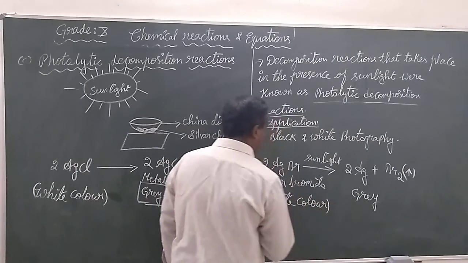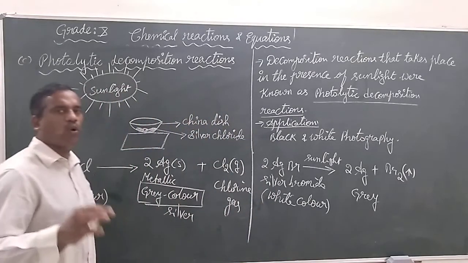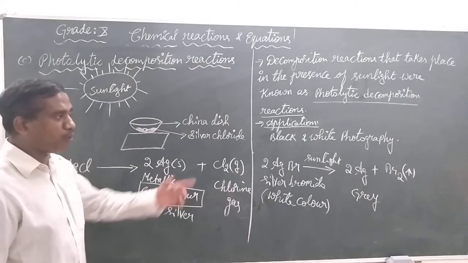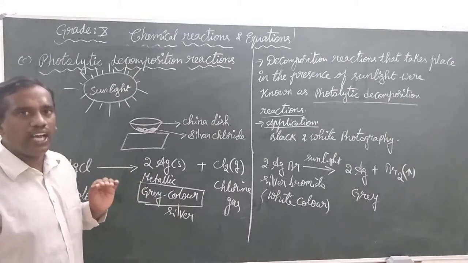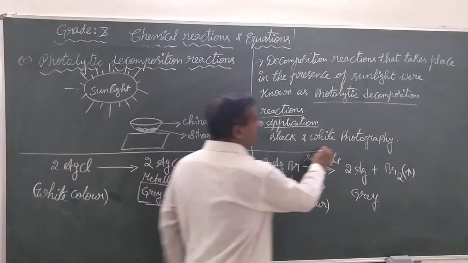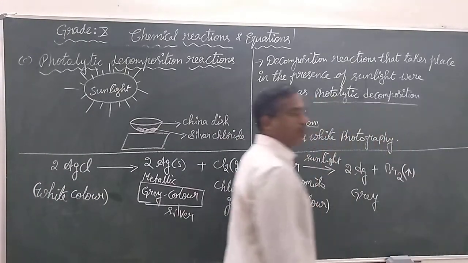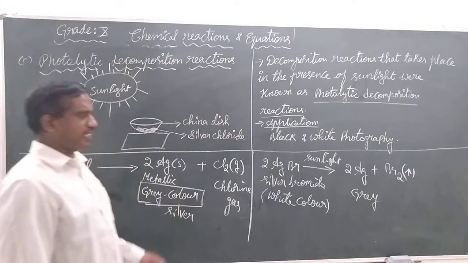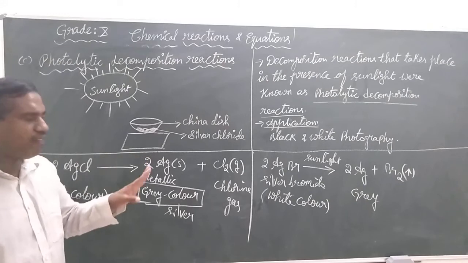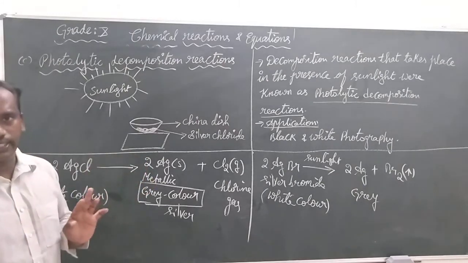So what is the common thing here? Silver is the common. Here we got chlorine, there we got bromine. The only difference is with the halogen. So the decomposition reactions that are taking place in the presence of sunlight, we call them the photolytic decomposition reactions. Decomposition of silver chloride and silver bromide are the 2 examples.